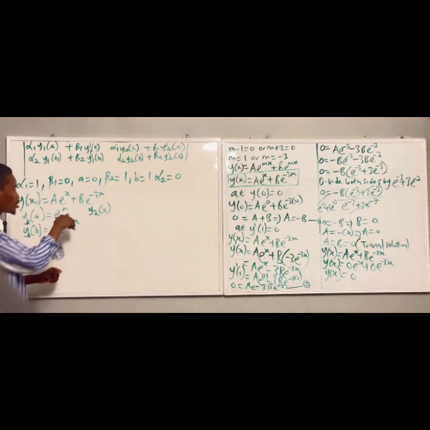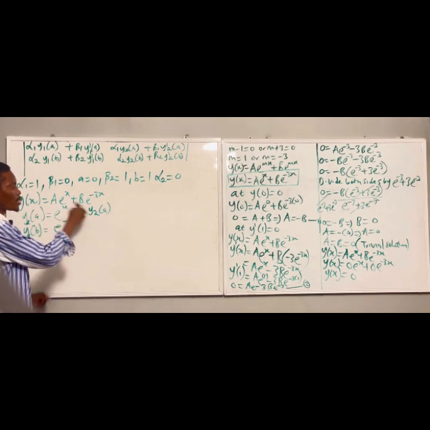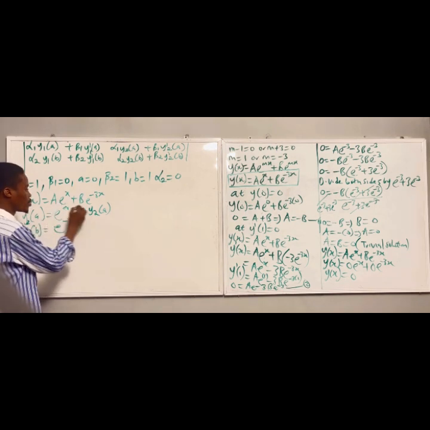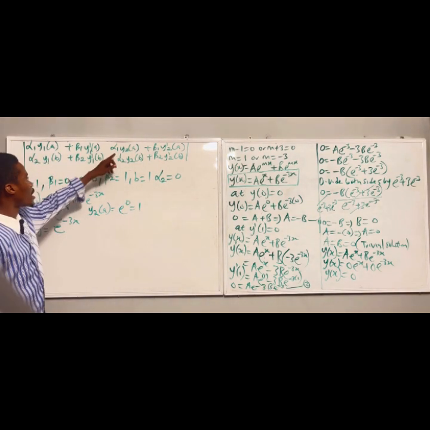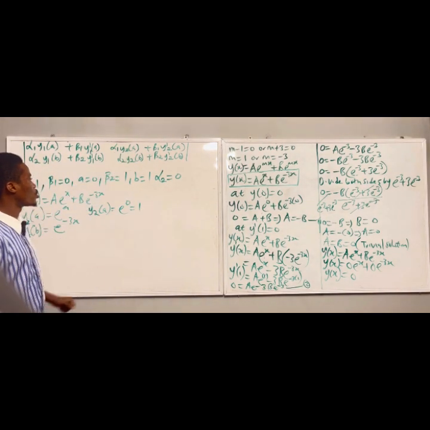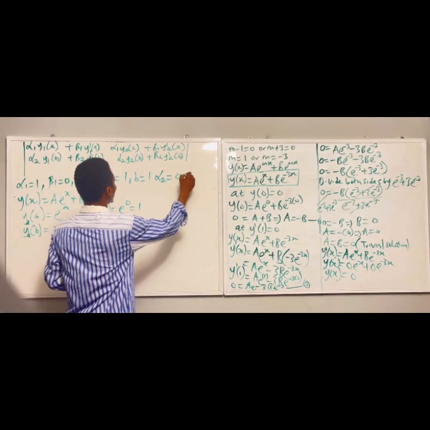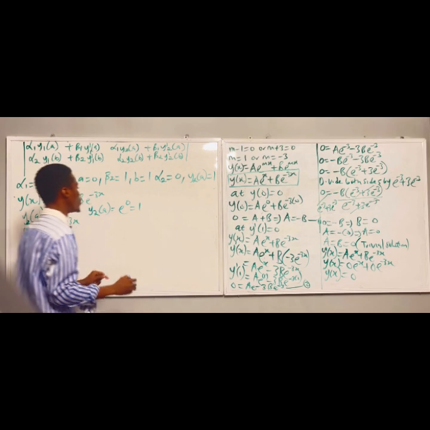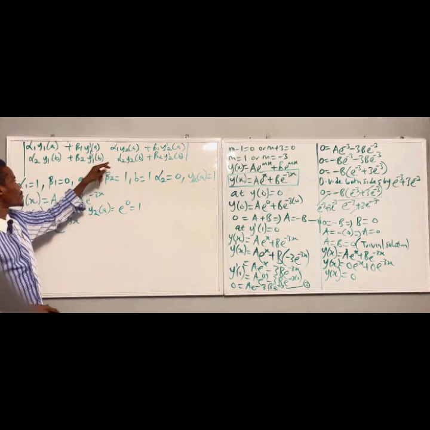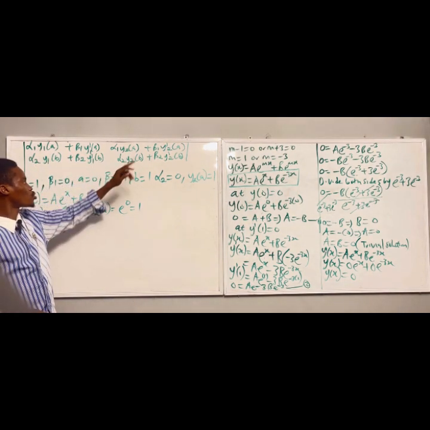Whenever I see 0, our a will now represent our x. So I'm going to have e^0, which is 1. So it means my alpha 2 y2 of a is 1. So I can write it here, my y2 of a is equal to 1.